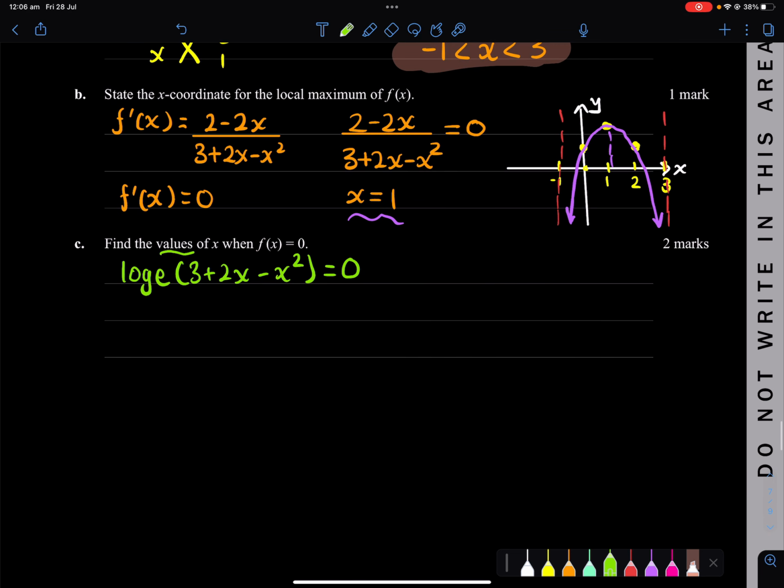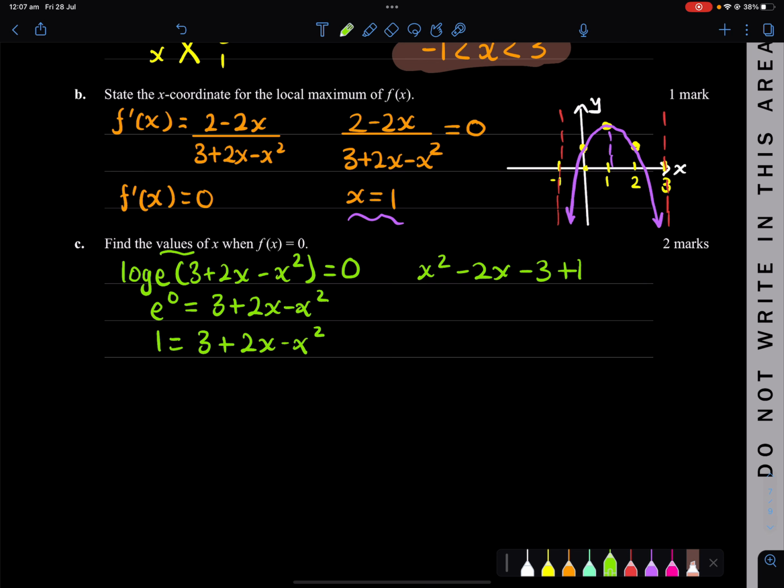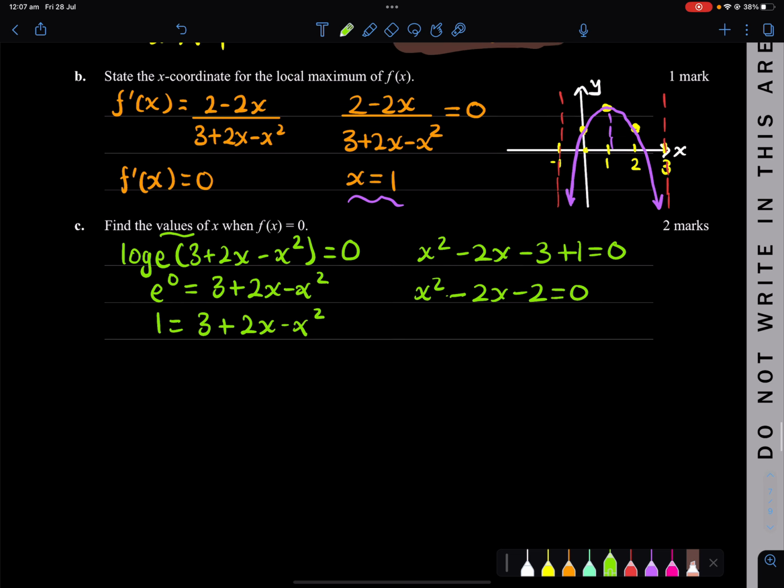For that, we say e to the power 0, which is 1, equals 3 plus 2x minus x squared. If we bring that x squared to the front, we get x squared minus 2x minus 3 plus 1 equals 0. So x squared minus 2x minus 2 equals 0.